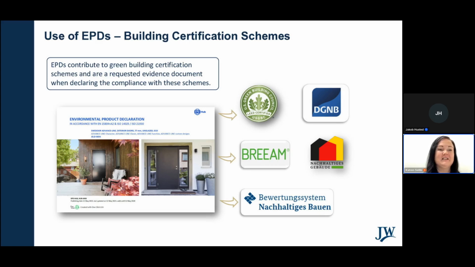These are just some of the examples that we meet most often, where we get the requests. Basically, EPDs are lately becoming more and more like a must, because building companies want to get the certificate, and they really want to get the extra points from us for the EPDs. So it's again a requested evidence document that is becoming more and more of a must for the building certification schemes.